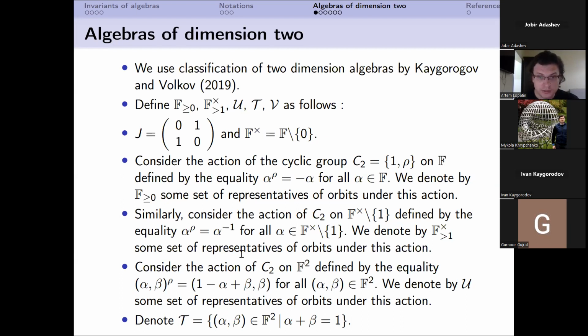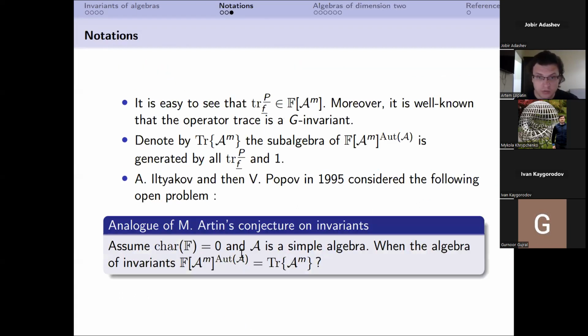If you would like to do something in positive characteristic, then together with traces we have to consider so-called forms, let's say the coefficients of the characteristic polynomial of a matrix; then maybe it could be enough or not. The case of positive characteristic with respect to invariants is always much more complicated, so we cannot say a lot about it.